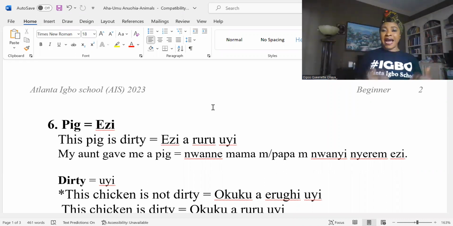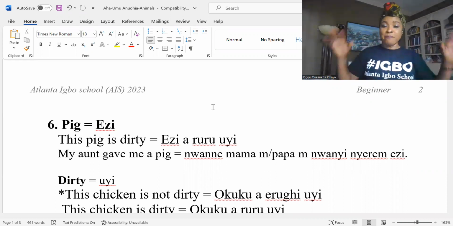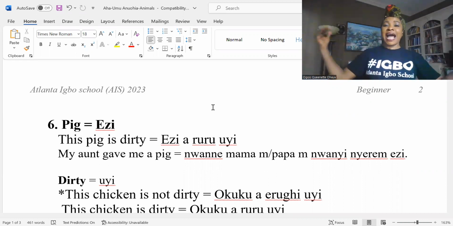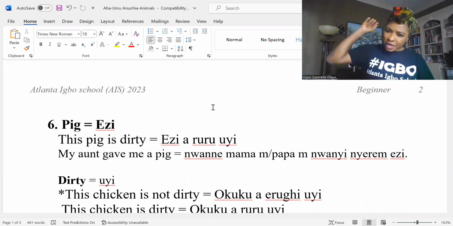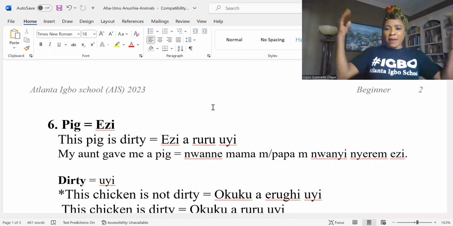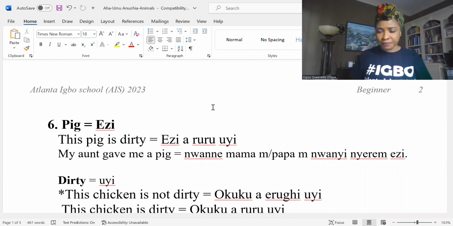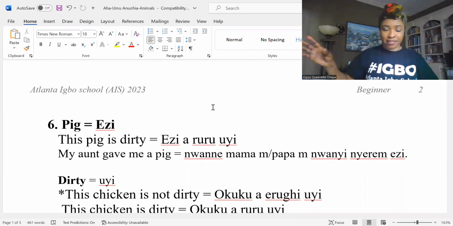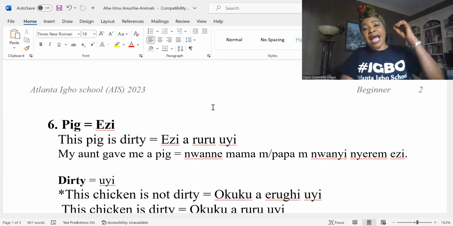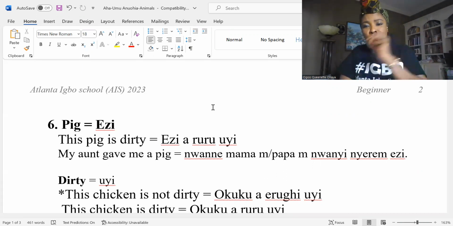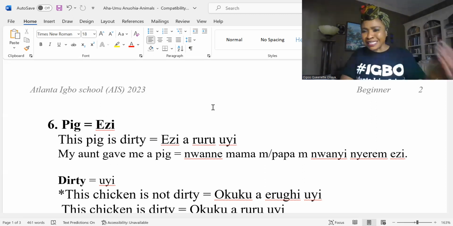When you want to say my clothes are dirty, akwa m ruru unyi, my clothes, my wrapper, my shirt, okay? My dress, they are all akwa or efe, okay? Akwa m ruru unyi, you want to say something is dirty.